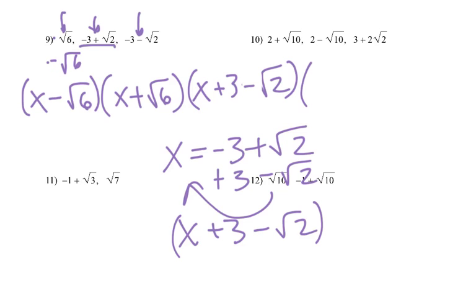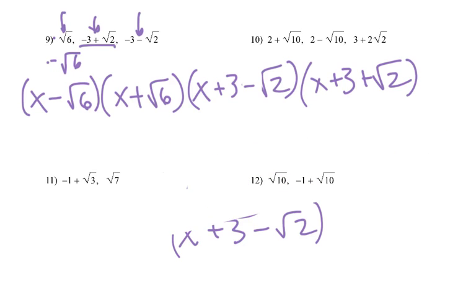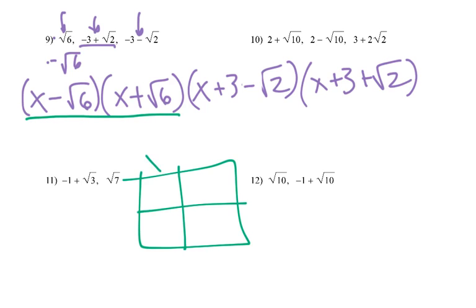Then on the second one, same idea. This one they would have to both add. So I'd end up with x plus 3 plus the square root of 2. This is where it gets kind of tricky because of all those extra pieces and doing the opposites with the factors. Then we have to multiply. And we don't always like to multiply these ones, but they end up not being too bad because of one thing that happens.